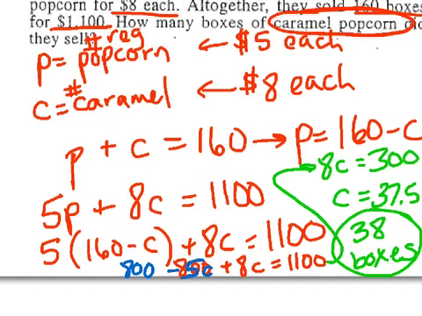Okay, so we should have had 3c here, which would have given us, instead of 37.5, 100 boxes. If I hadn't been so far in the video, I would have started over, but it just goes to show you that it's really easy to make this mistake. Make sure you distribute that 5 all the way in, and that's how you do that problem.